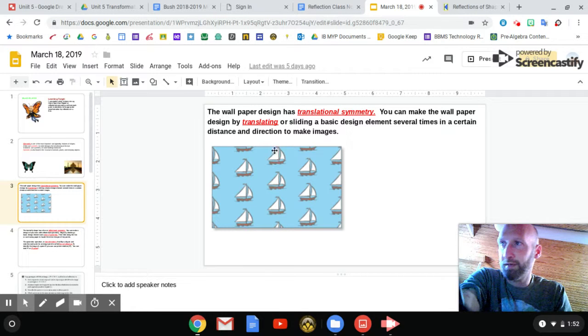It's the same shape, same size, everything. I slid it diagonally, and here it is diagonally down to the left, both sides, right? So it is translational symmetry. So just translating, which is sliding. Okay, so those two words go together.